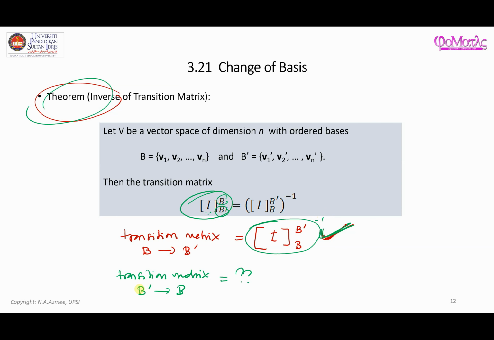So in order to find the transition matrix of this one, you don't need to do the whole process that we have discussed. Since you already know this value, you can just use the transition matrix from B to B prime, and then you find the inverse of it. That will give you the transition matrix from B prime to B.